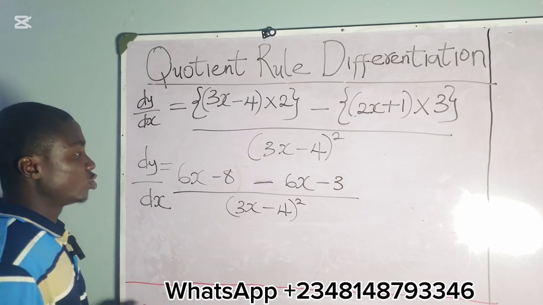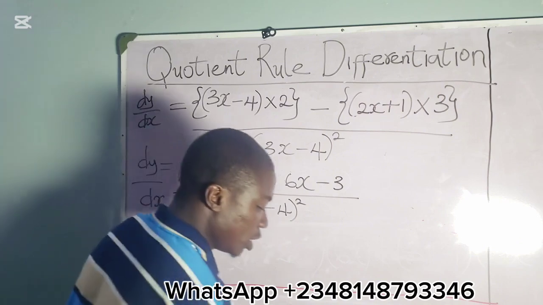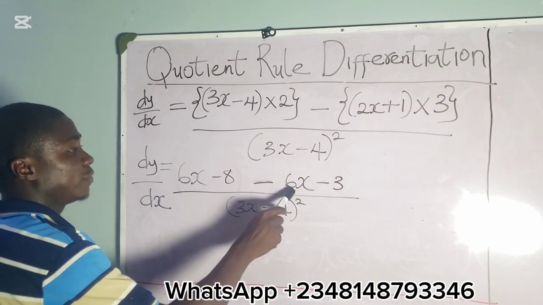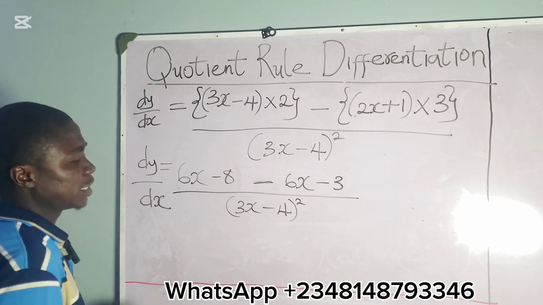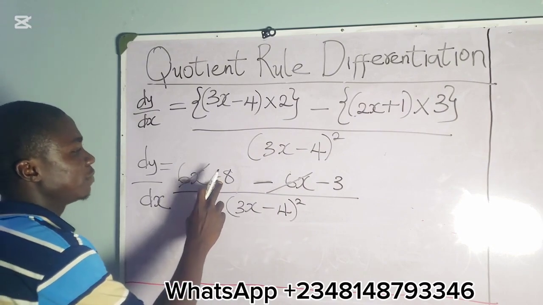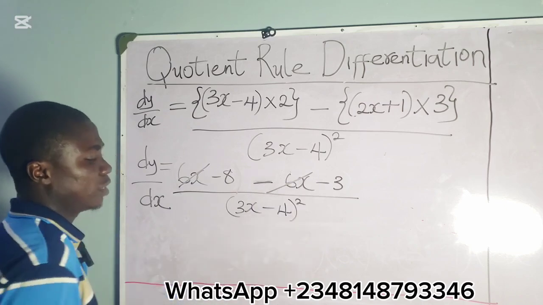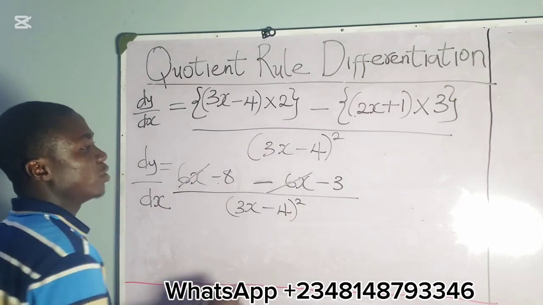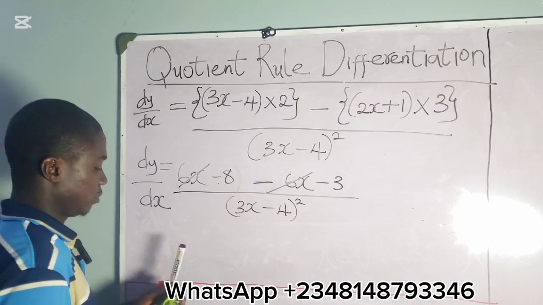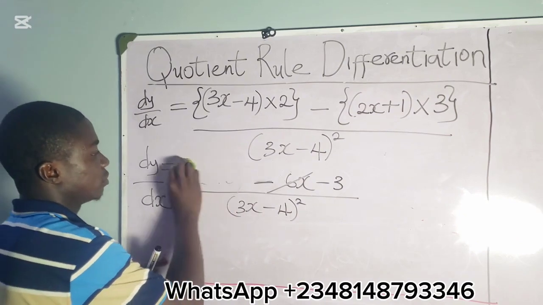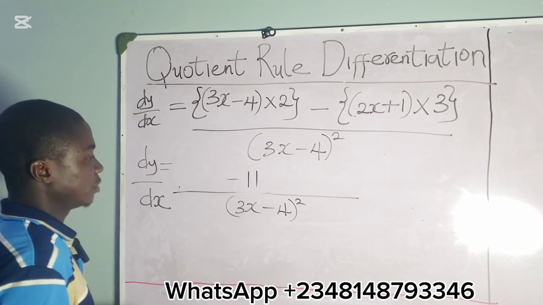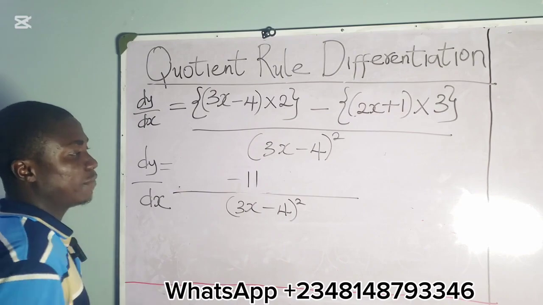So we can also choose to collect like terms. If we collect like terms here, we have 6x here, we also have 6x. 6x minus 6x, this is off. We have negative 8 here, and we have negative 3. Negative 8 minus 3 is negative 11. So we have negative 11. So therefore, this is our final answer.